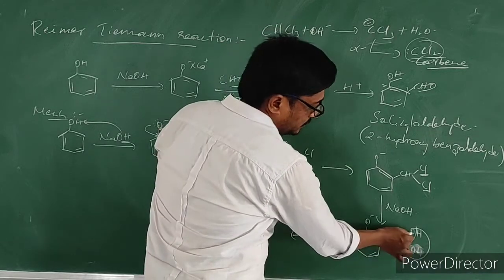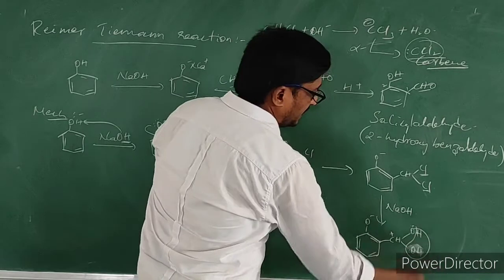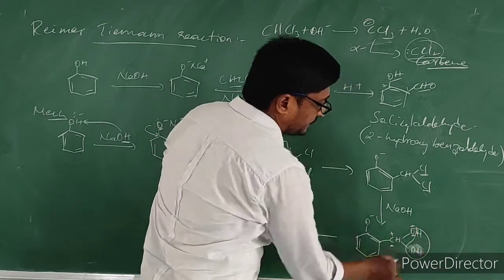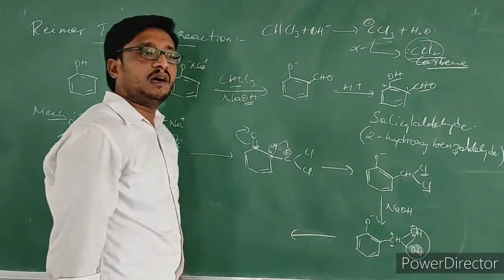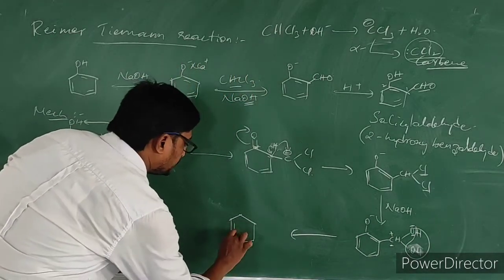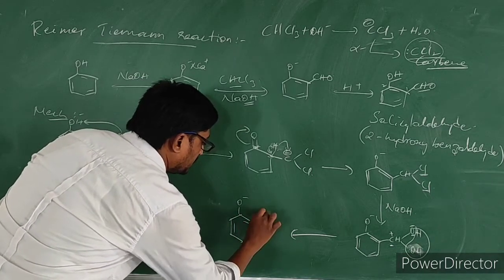Now hydrogen from this oxygen, if it comes out, it will come out as H plus. This oxygen will get a negative charge. So this positively charged carbon and negatively charged oxygen, they will form a double bond. CHO gets produced in this way.